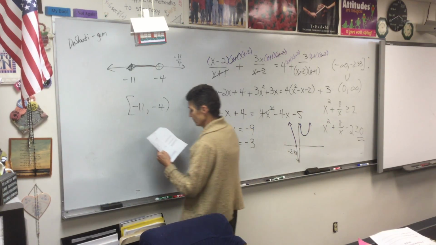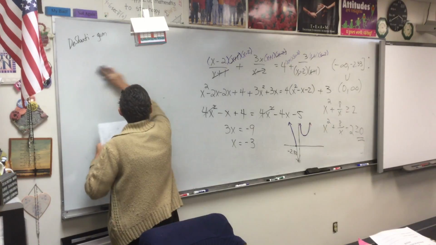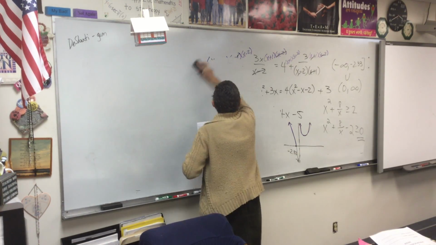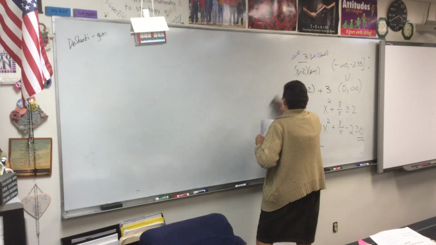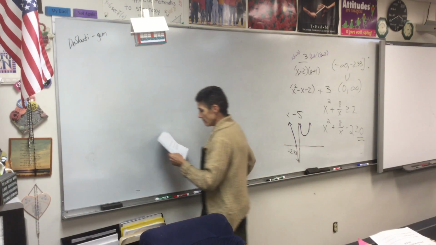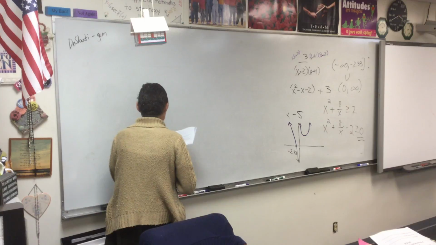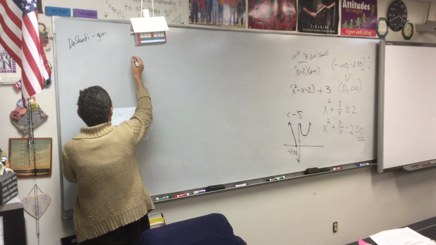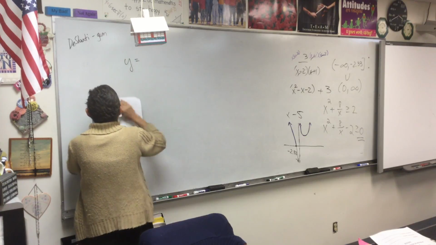Consider this curve. We're going to ultimately sketch it by listing all of the stuff. Okay, so here we go. How do you want to start this guy? Maybe what?